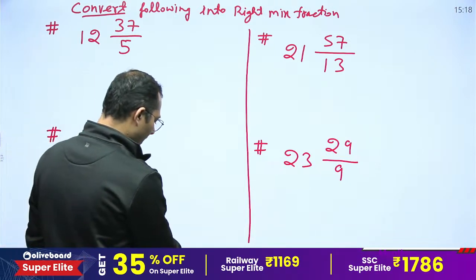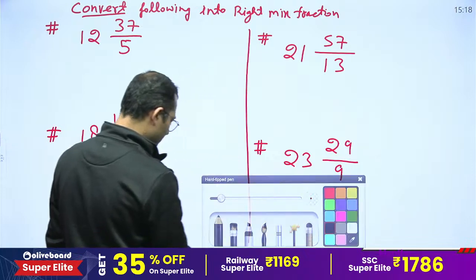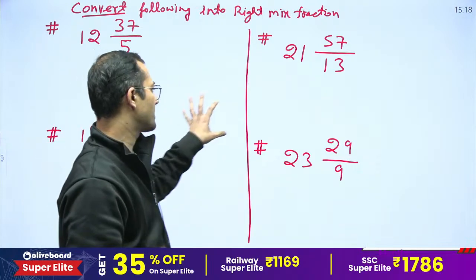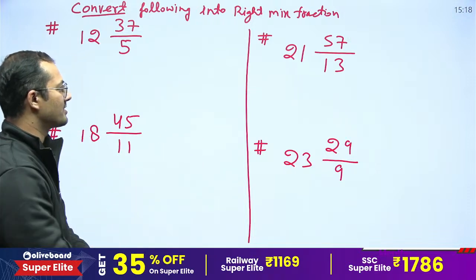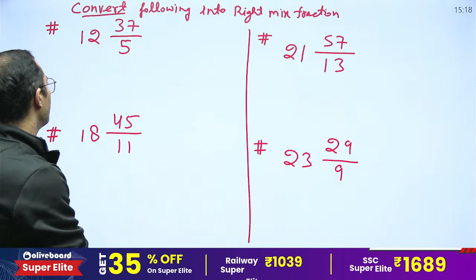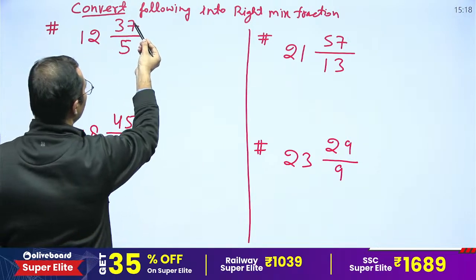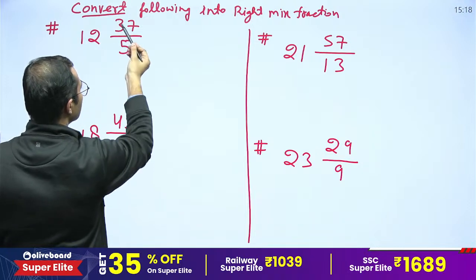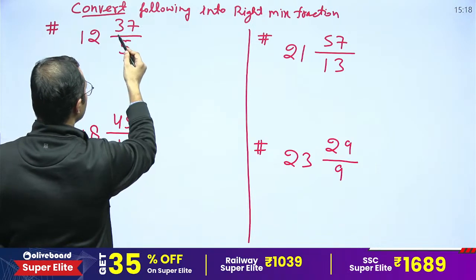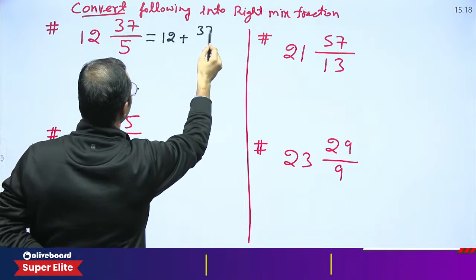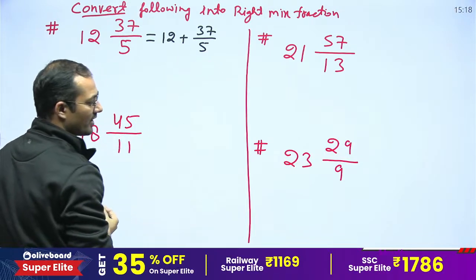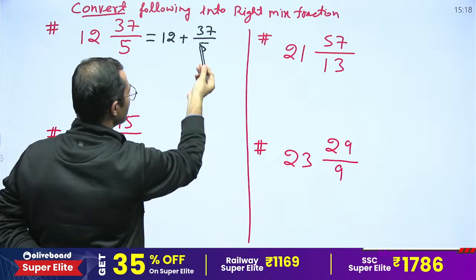See, we will be using each and every concept when dealing with percentage, right? Or percentage value. See, here the remainder is more than the divisor. So this is not in right mixed fraction, right? So we can write it as 12 plus 37 by 5.